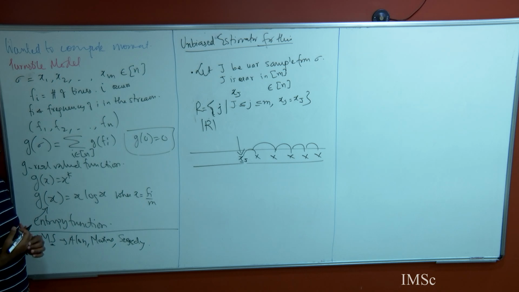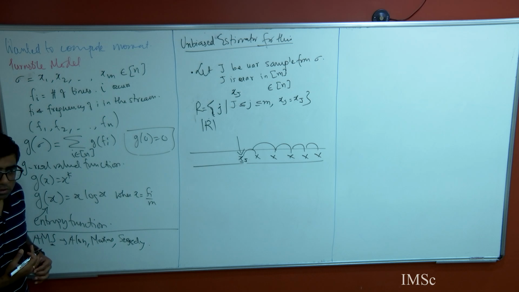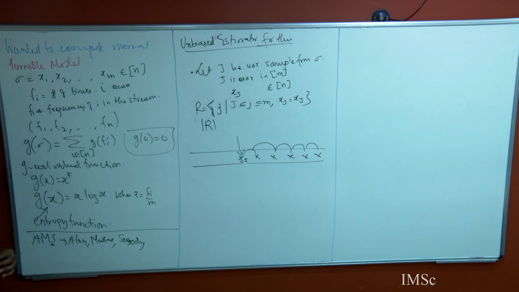What are the possible values of R? 1 to m minus something? No. Look, J itself was uniformly at random in 1 to m, so that is a random variable.